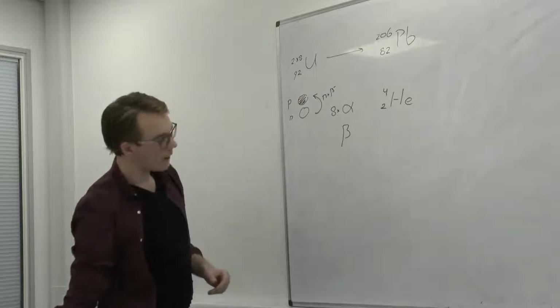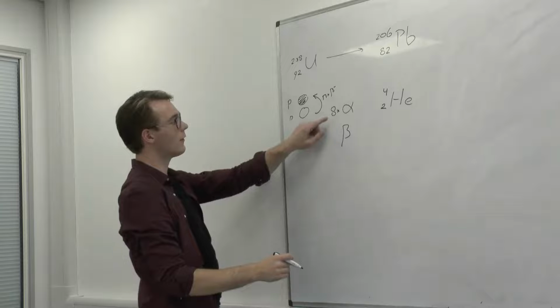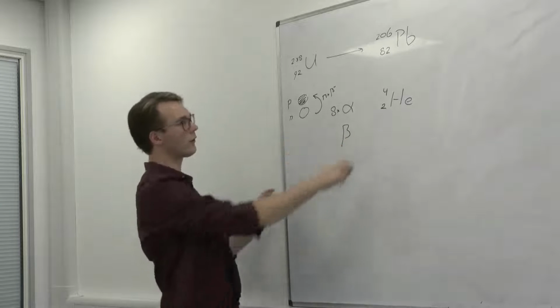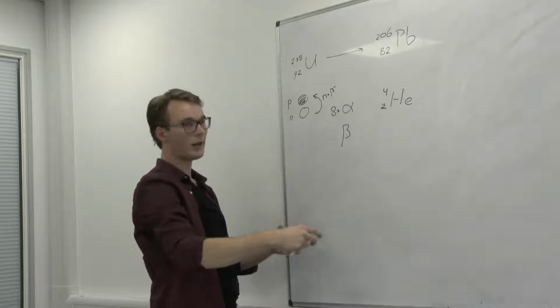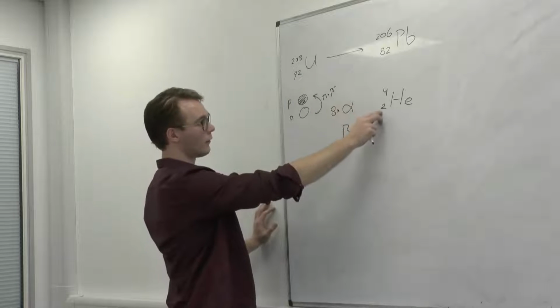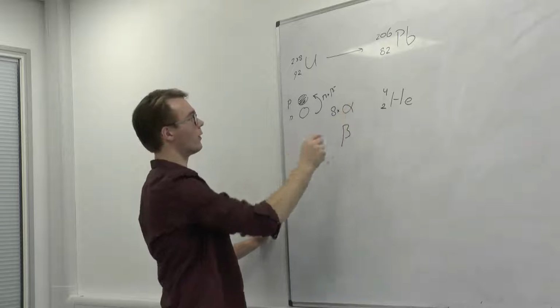How you can calculate that is that you know that every time alpha decay occurs, 4 nucleons separate from the atomic nucleus. So 2 protons will be lost and 2 neutrons will be lost.